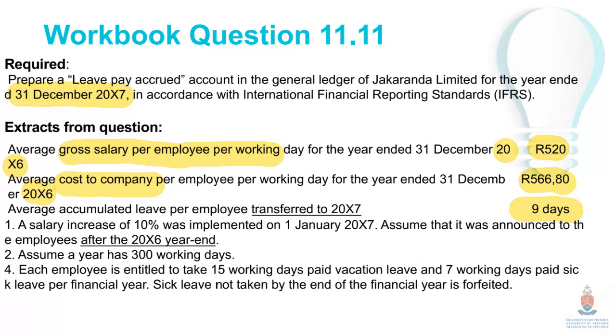But what's going to happen very close after year end? Because the increase was implemented on the 1st of January, by implementing the increase we've created that obligation. So very close to the 1st of January, we need to adjust the provision for this increase.